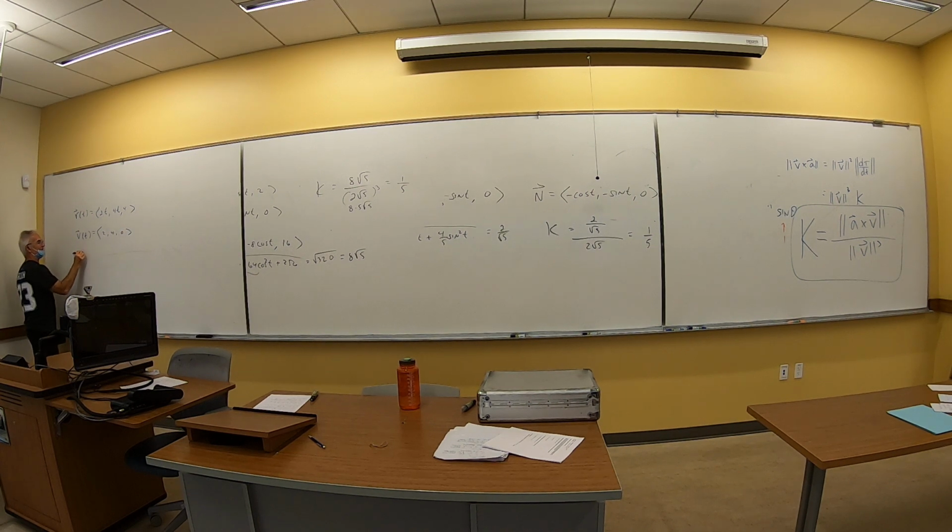What's the magnitude of V? 4 plus 16 under the root. So that would be 2 root 5. So what is now my unit tangent vector? 1 over root 5, 2 over root 5, 0.